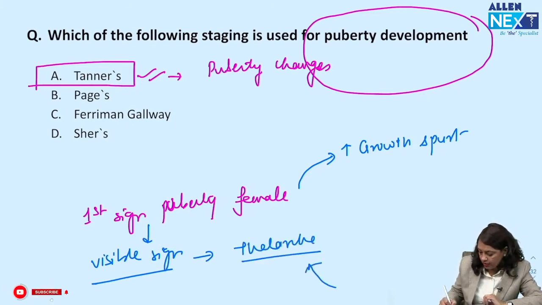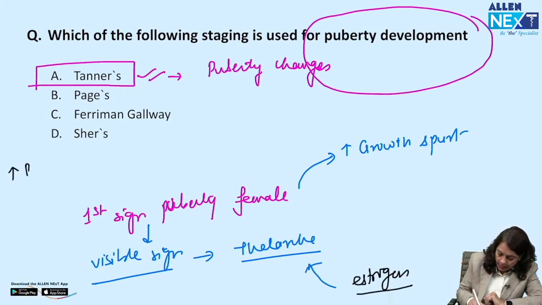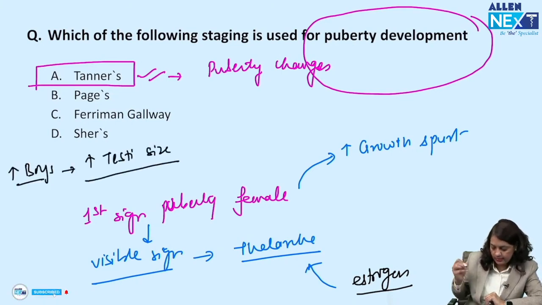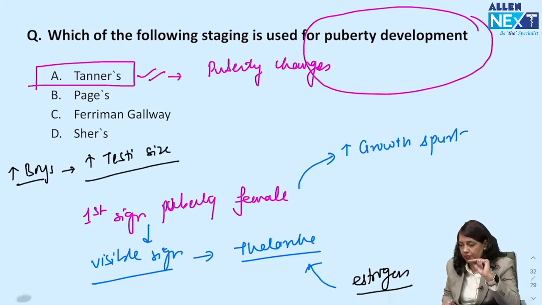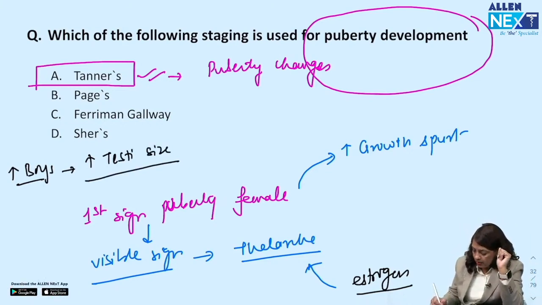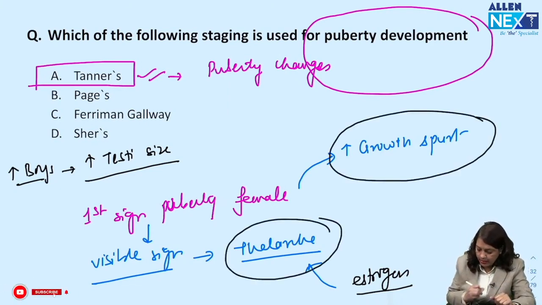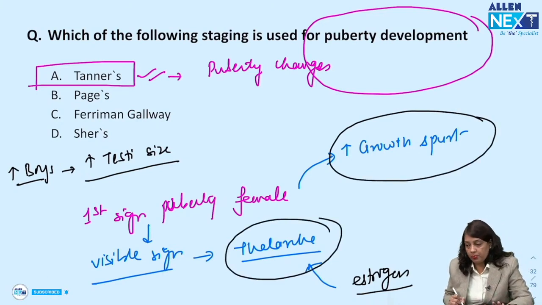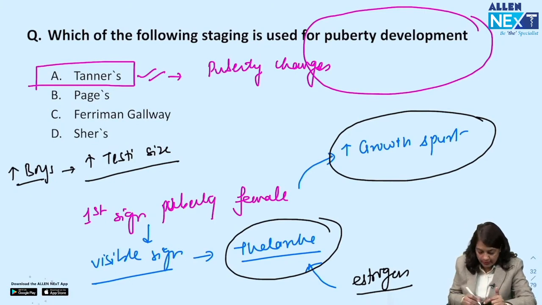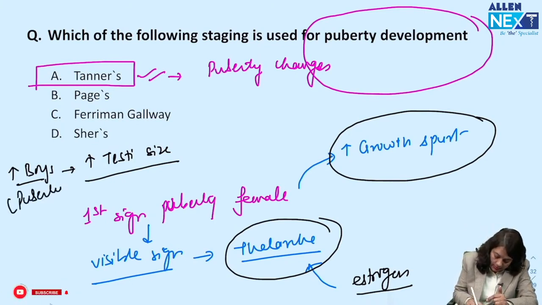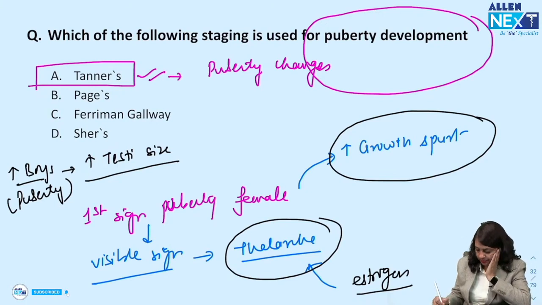Hormone responsible for thelarche: estrogen. First puberty sign in boys: increase in testicular size. ठीक है. So first sign of puberty in girls is growth spurt, but friends, that is not visible. So visible sign of puberty in girls is thelarche. Hormone responsible for thelarche is estrogen, and first sign of puberty in boys is increase in the testicular size.